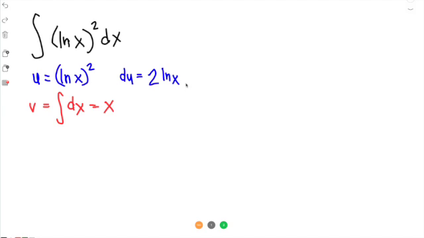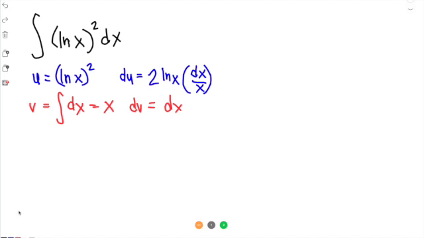The derivative of ln x would be dx over x. I hope you can follow that one. That is the chain rule for differentiation. And for dv, of course, that would be equal to dx.